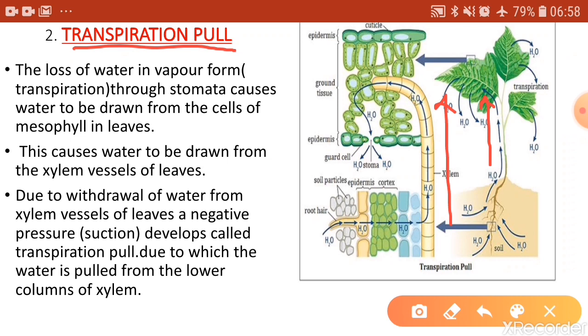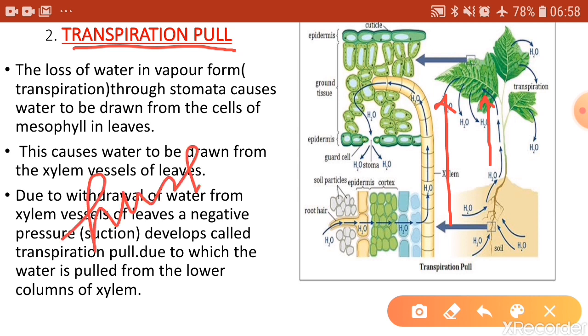Remember that in the daytime it is the transpiration pull which is the major factor. Root pressure is effective only at night and early in the morning, and also in short plants. In taller plants, to take water to a greater distance, it is transpiration pull that is acting. Also remember that root pressure gives a push.